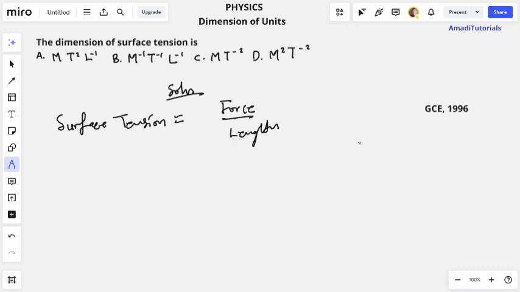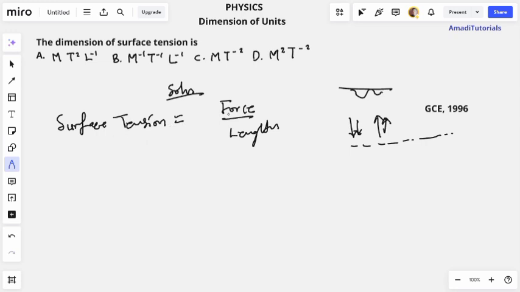Surface tension means, for instance, if you have a length here, how much force is being exerted on, or pushed out from, a unit of that length? How much force is it giving out or receiving? So that's surface tension, the one that makes water stick to a wall or something of that nature, a membrane. So let's continue.